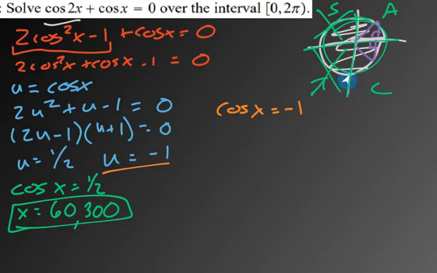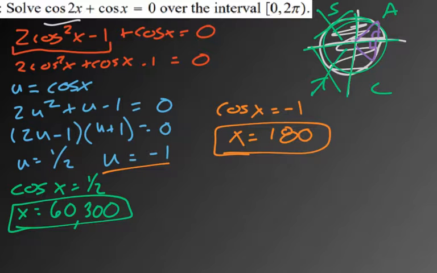And if you're thinking x values, the only time you have an x value of negative 1 in the first lap is over here at 180, right? So x equals 180 is the answer for that one. And you don't need to check anything because you don't have any rational functions going on.